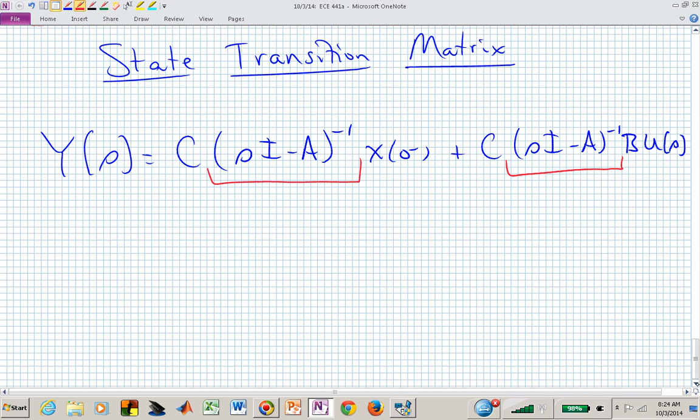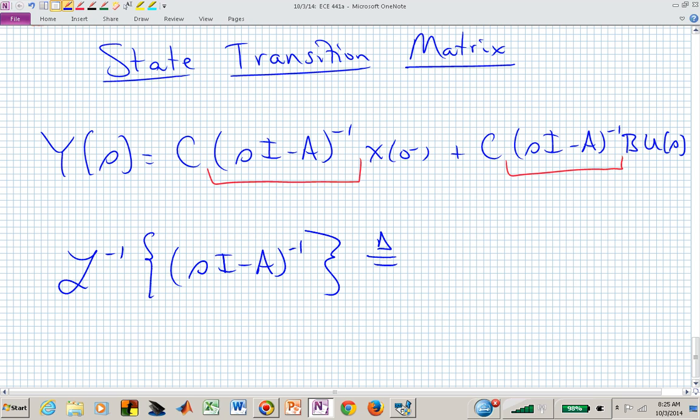This piece that I've now identified in red, we want to actually inverse Laplace transform that. We want to now look at the inverse Laplace transform of si minus a inverse.